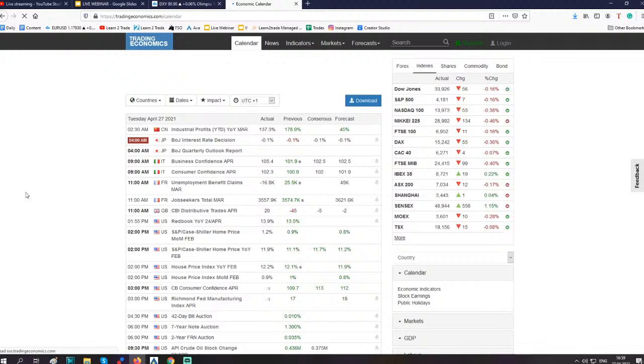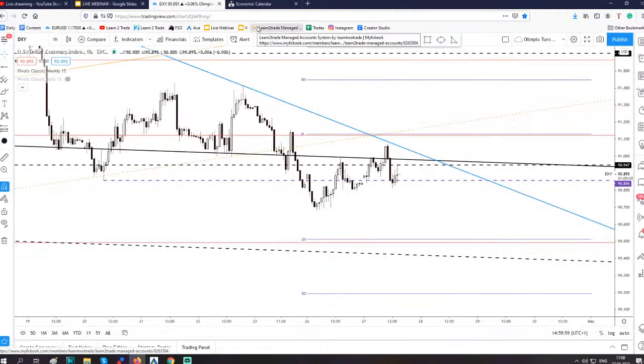We had a temporary rebound here, and let's see how the price reacts right after the CB consumer confidence will be released. We already talked about the Australian dollar versus the US dollar, Hamza. We don't have anything there at this moment, and we'll have to wait.